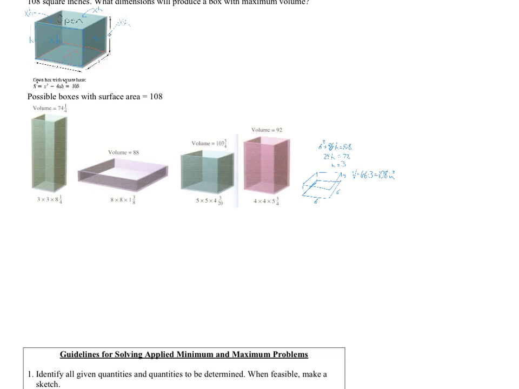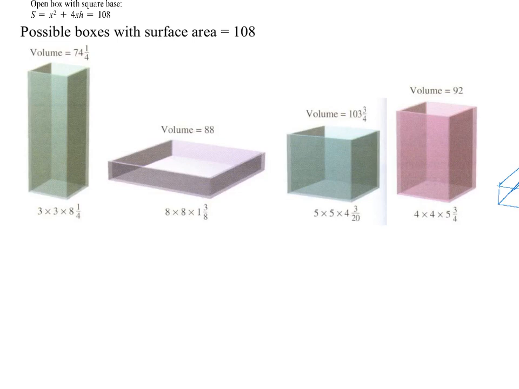If we're trying to maximize this volume, we need to figure out a function for the volume. That's one of the things you have to get into your mind right away: when you are trying to maximize volume, the function that you have needs to be V.